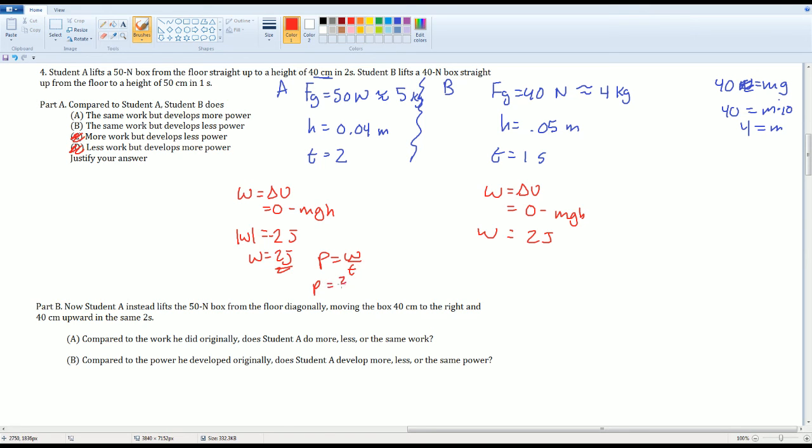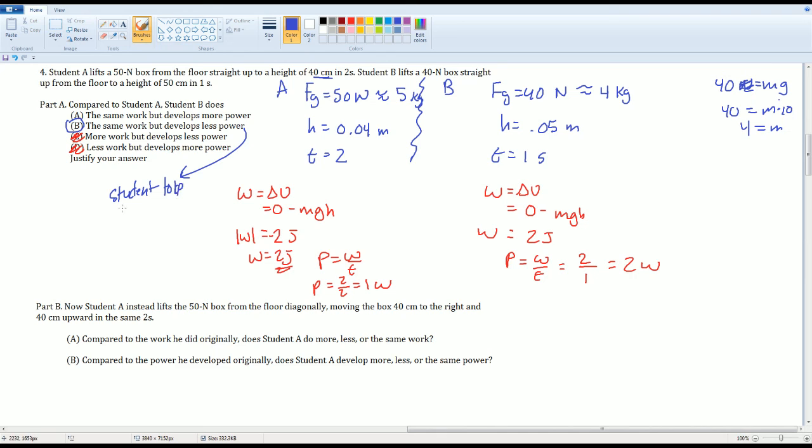This becomes 2 over 2, which is 1 watt. For the other student, power equals work over time, which is 2 divided by 1 second, so here it was 2 watts. Student A has less power. The reason it's less power is because he did it in a longer time.